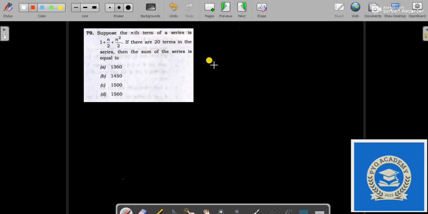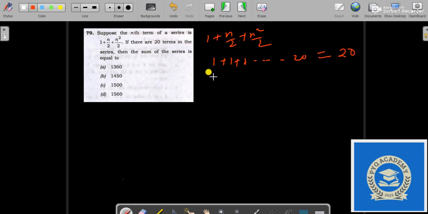First, let's take each part separately. If we add 1 twenty times, 1 plus 1 plus 1, it will become 20, that is sure.